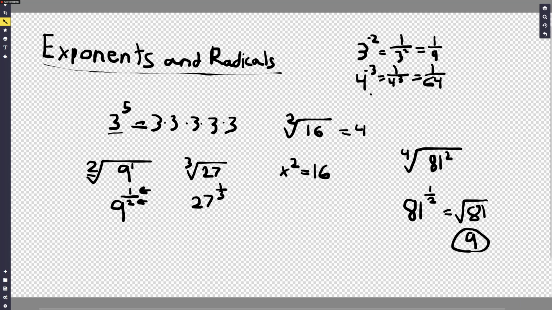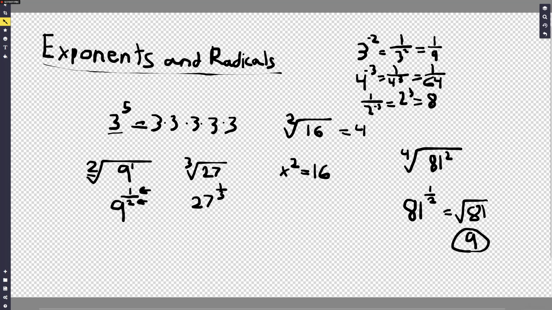Okay, so it's going to be 1 divided by, let's say, 2 to the power of -3, right? You just flip it to the numerator. So when it's a negative number, you just flip it from numerator to denominator or denominator to numerator. So this is going to be equal to 2 to the power of 3, which is equal to 8.